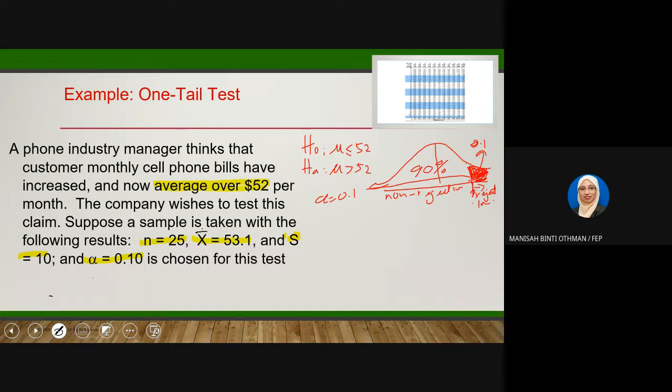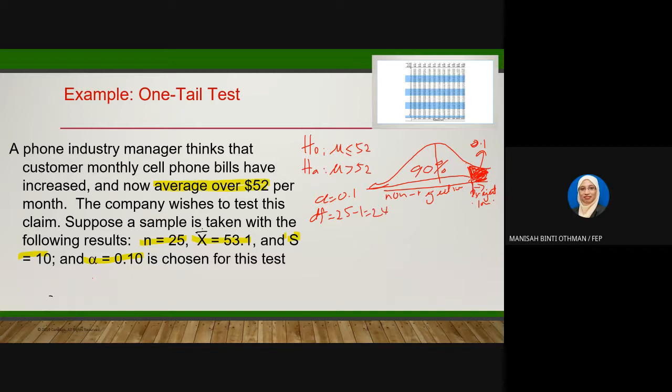All right. So how to determine this value based on the alpha and degrees of freedom? Degrees of freedom is n minus 1, 24. Alpha is 0.1.